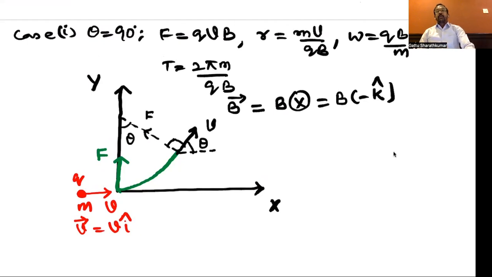I hope you understood what the radius is on which it is moving, and the angular velocity with which it is moving on that circular path. So at this instant, the angle through which it got deviated, this theta, is what we call the angle of deviation.